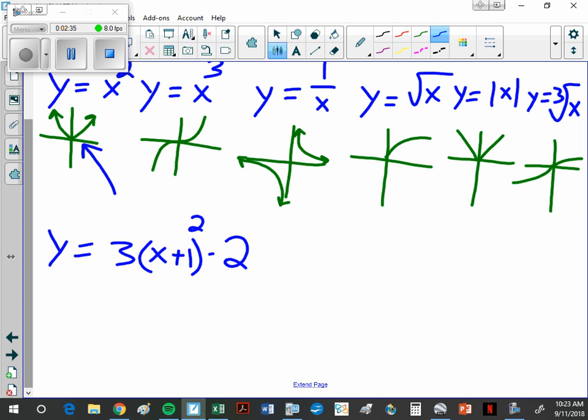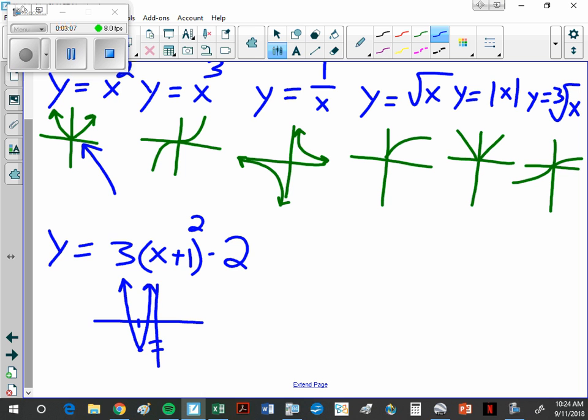So inside I have x plus 1, which moves the graph left 1, and then I have a 3 on the outside, which changes the y values. What happens when you multiply the y values by 3? They get taller, and the minus 2 moves it down 2. So left 1, down 2, and it's 3 times taller. So it would look something like that.